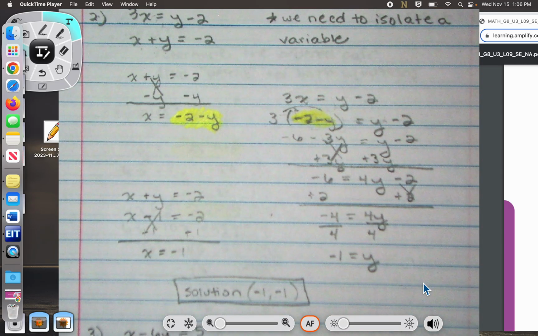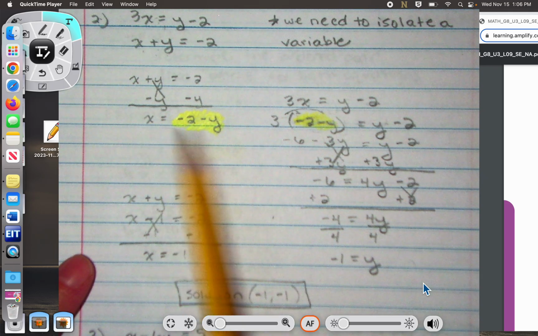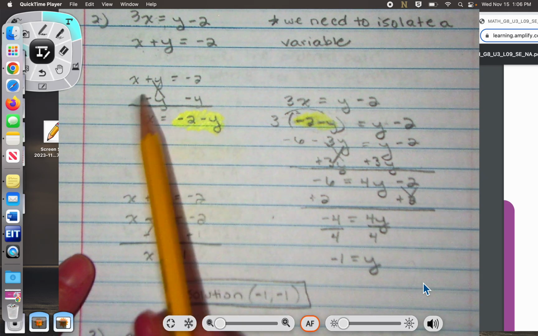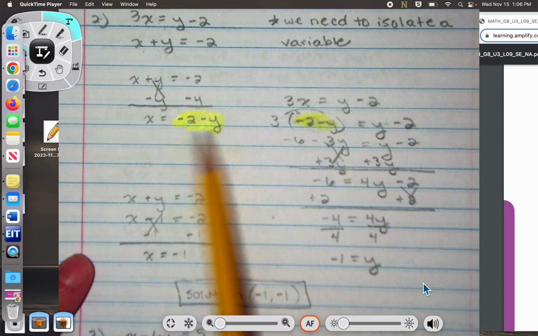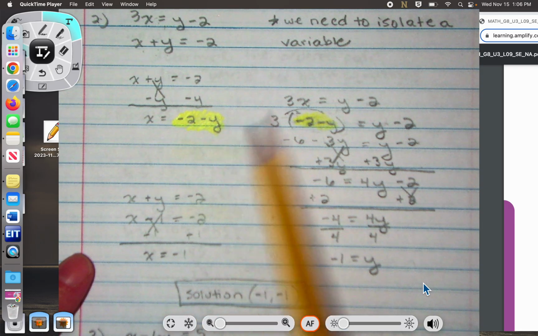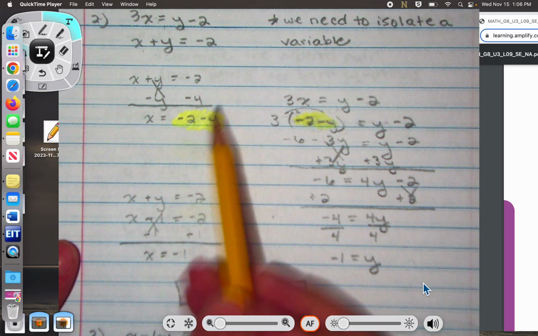All right, so here's what I did wrong up here. And I don't know why it wasn't clicking. If I rearrange this and then I put it right back in there, it's still the same equation, right? So whichever one you decide to rearrange, you have to put it in the other equation. I can't just put a rearranged equation back into the original.